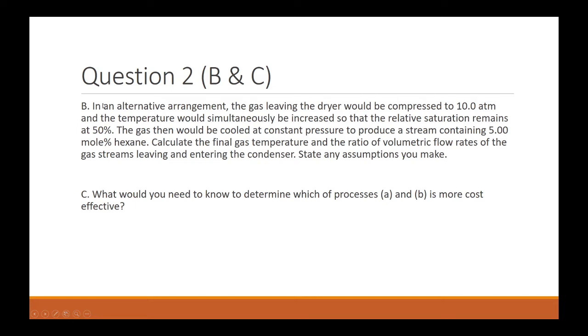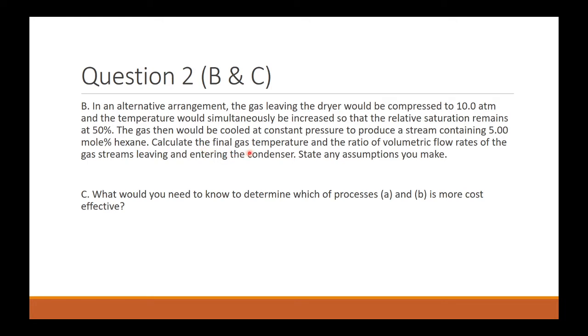Question 2b and c. In an alternative arrangement, the gas leaving the dryer would be compressed to 10 atm and the temperature would simultaneously be increased so that the relative saturation remains at 50%. The gas then would be cooled at constant pressure to produce a stream containing 5 mol% of hexane.